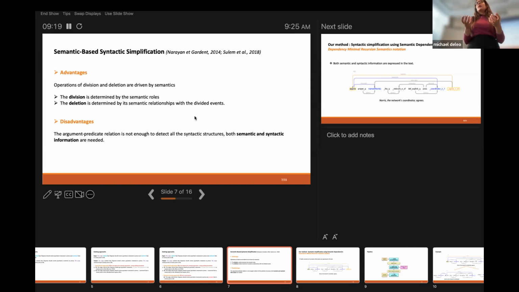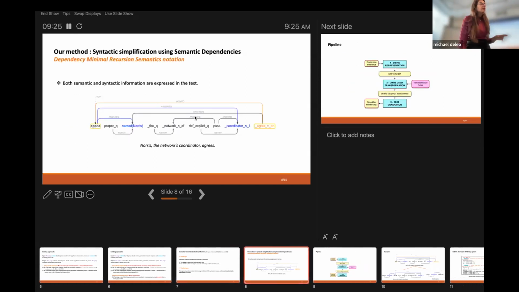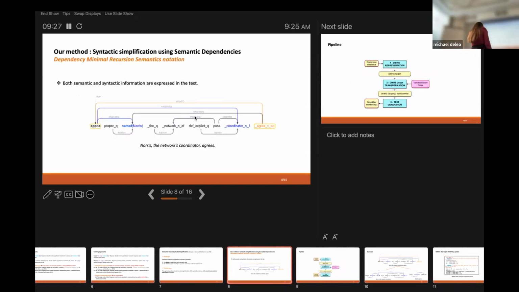So we need the two, syntactic and semantic information. That's why we use something called semantic dependencies. In semantic dependencies, we have the structural or syntax information. Here, for example, in this sentence, we have an appositive clause.